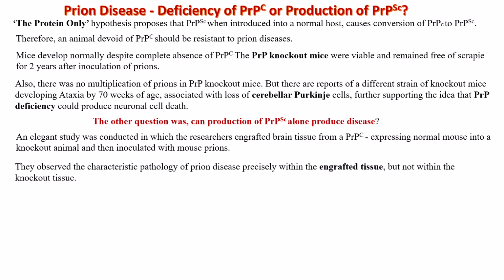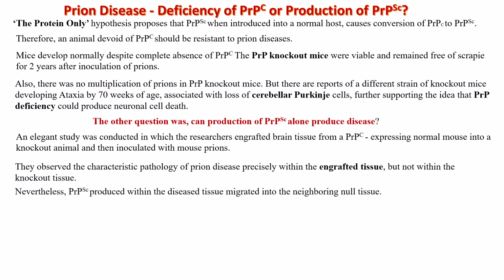They observed the characteristic pathology of prion disease precisely within the engrafted tissue, but not within the knockout tissues. Nevertheless, PrP-Sc produced within the diseased tissue migrated into the neighboring null tissue.